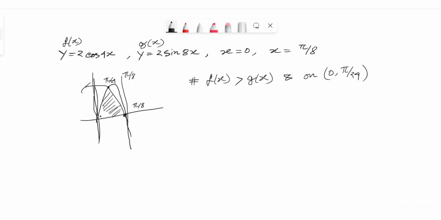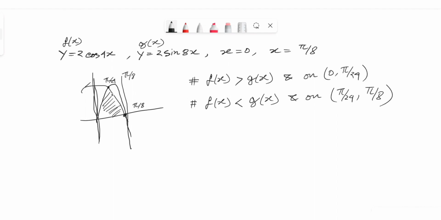In the second observation, we can see that f of x is less than g of x when the region is pi by 24 to pi by 8.